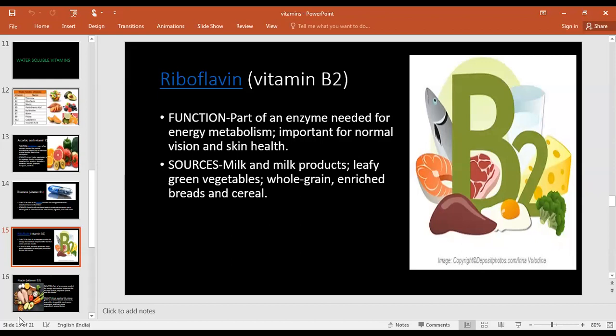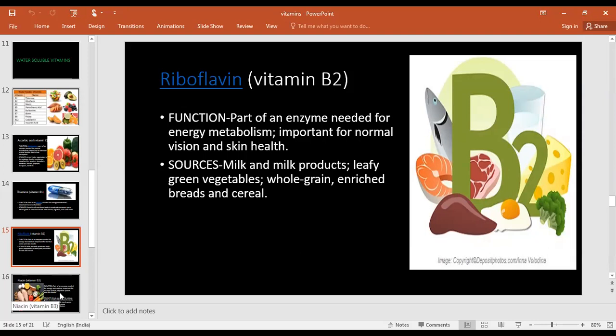Three main functions. First is energy metabolism, second is vision, and third is skin health. All right. The rich sources are fish products, milk products, cereals, breads, and leafy green vegetables.